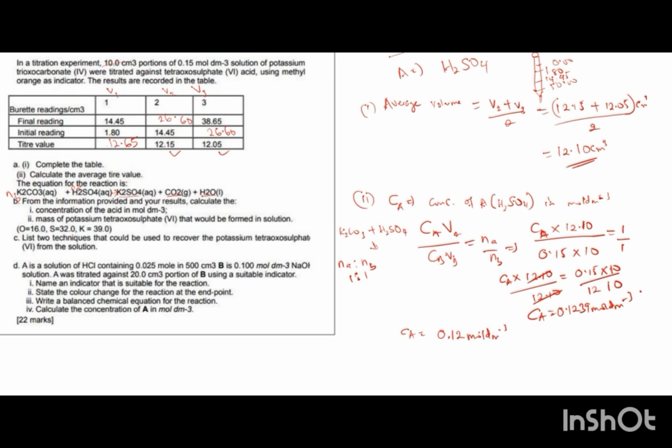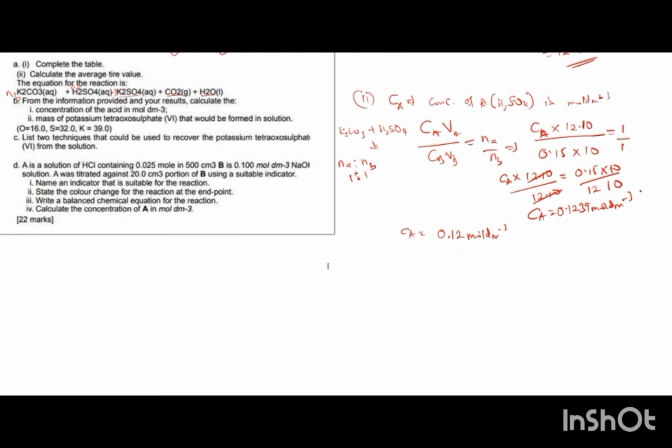So we have K2CO3. That's from our question 3, we have to go to 2B. K2CO3 plus H2SO4 to give K2SO4 plus CO2 plus H2O.